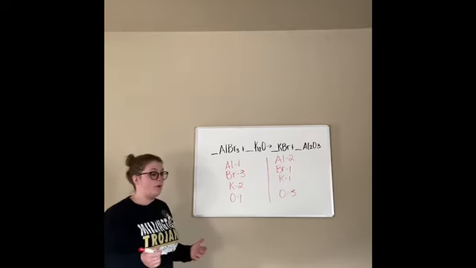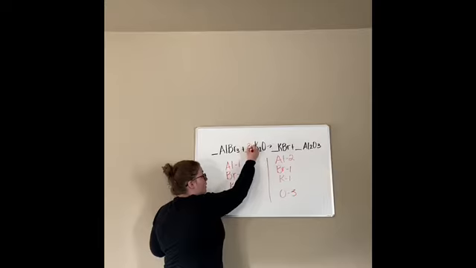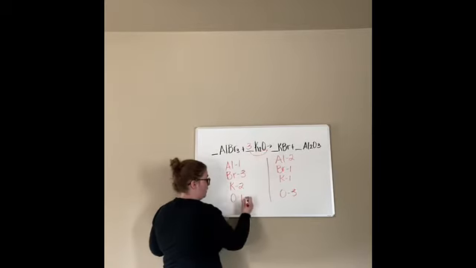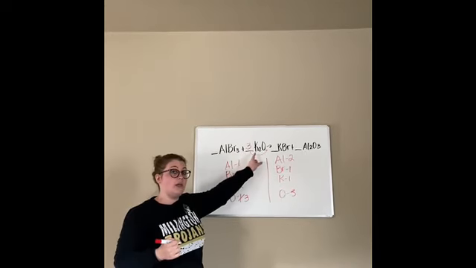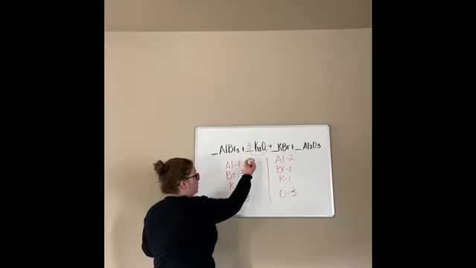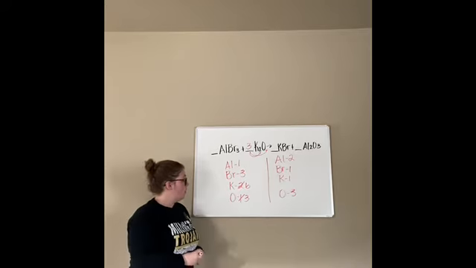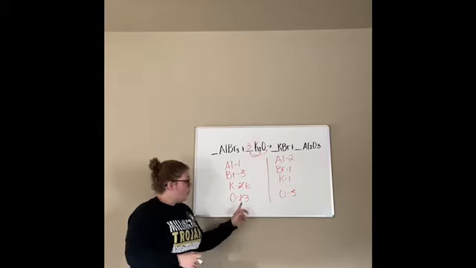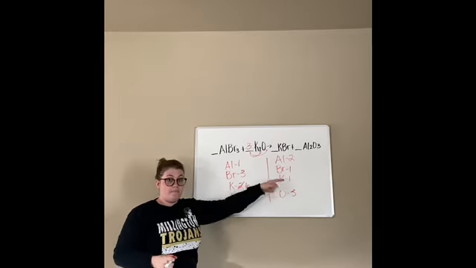And remember, if we're multiplying, then I'm just going to put a 3 right here, right? So 3 times 1 is 3 oxygens. But don't forget, this 3 also then applies to the K. And 3 times 2 is 6.